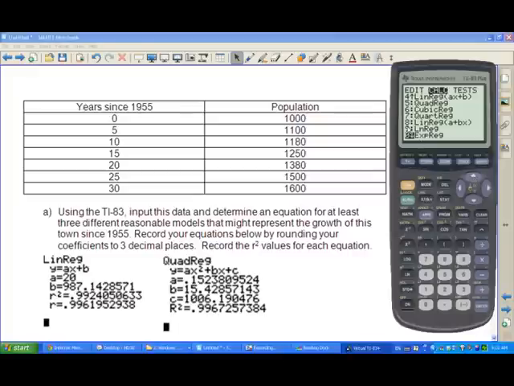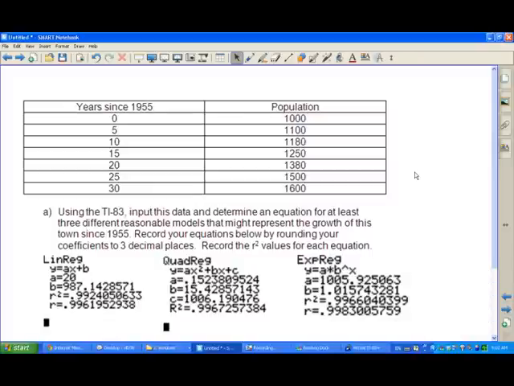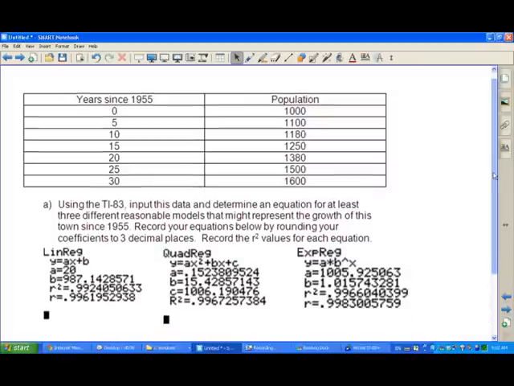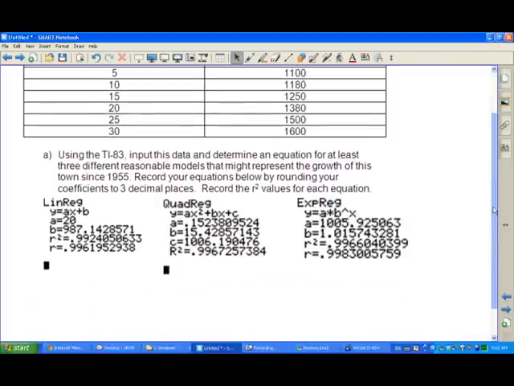You've learned or you've seen in this class, and more importantly last year in grade 11, that population tends to grow exponentially, so I think it's a safe bet to do an exponential regression. And there we see our coefficients. So I have three different models, three different equations, three different R-squared values.